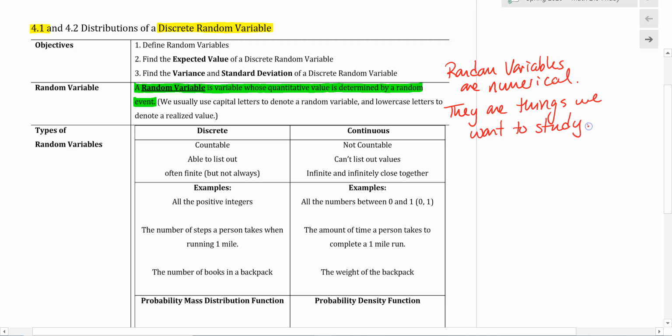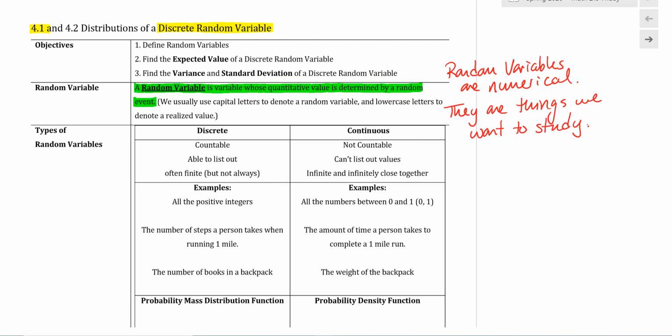Like I said, maybe it's the heart rate of a population of males, or maybe it's the height or weight of a population of children. Something we want to study, some numerical value we want to analyze.